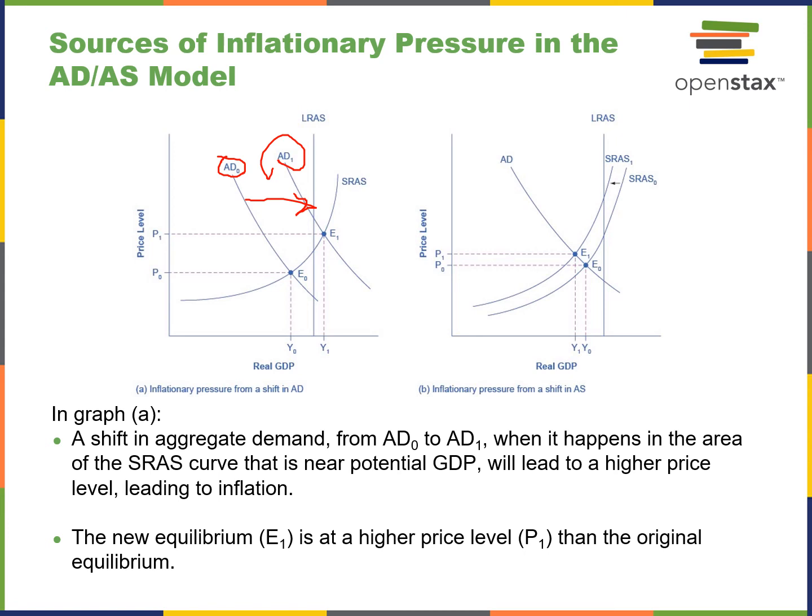This is the potential GDP here, so we've actually moved beyond that. This will lead to higher price level inflation. The new equilibrium is at a higher price level than the original equilibrium. But since the shift has put the equilibrium to the right of the long-run aggregate supply, there'll be inflationary pressures.